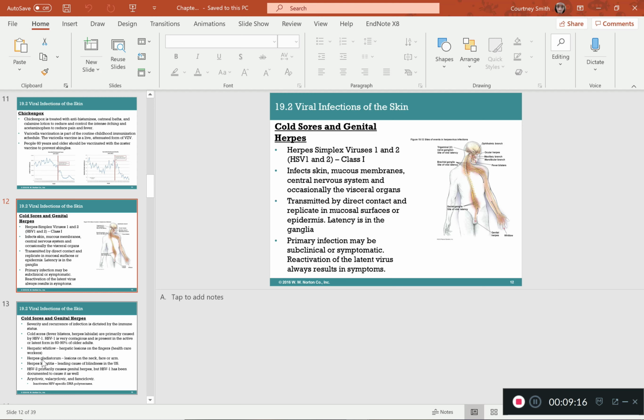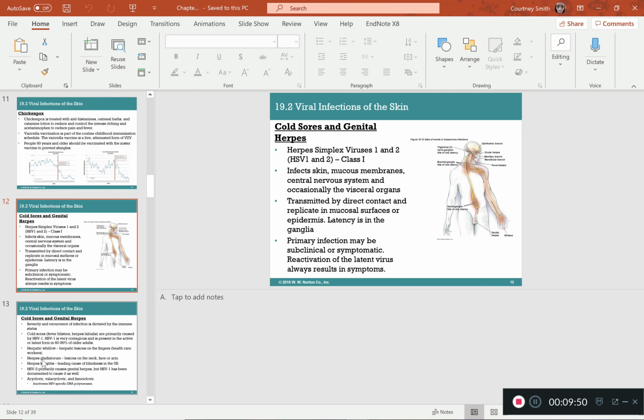Also, HSV1 is associated with oral and genital herpes, whereas HSV2 is solely genital as of right now. Normally, people who get HSV1 in the genitalia get it because of oral sex performed when a person had a cold sore on their mouth. That's generally the route of transmission: direct contact through sexual acts.